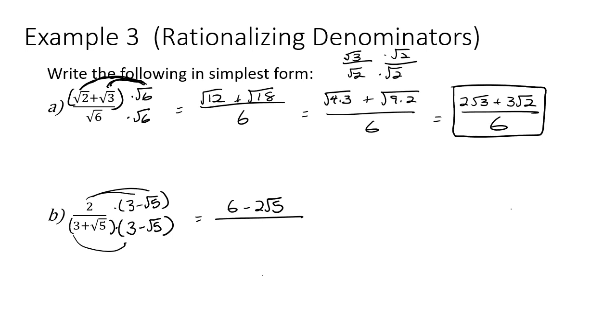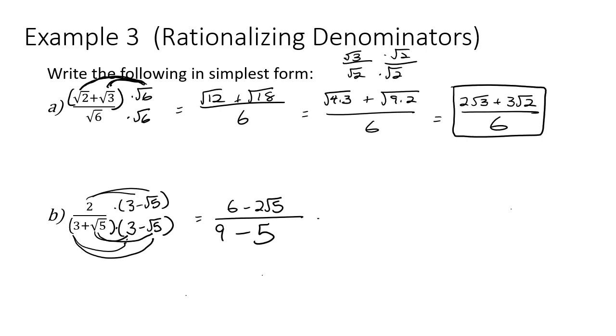So the first terms would give us 3 times 3 or 9. And then again, we would get a minus 3 square roots of 5 plus a 3 square roots of 5, which would cancel. And then a positive square root of 5 times a negative square root of 5, positive times a negative is a negative, and square root of 5 times itself would get rid of the square root.